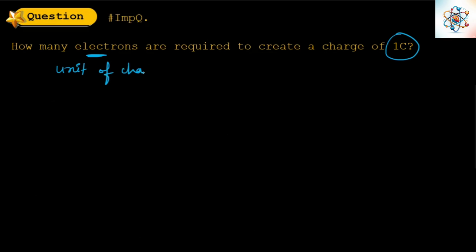Charge is represented by coulombs. Coulomb is named after the scientist who discovered charge for the very first time. We have to find how many electrons are exactly required to make 1 coulomb of charge.